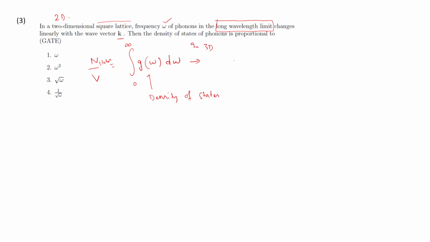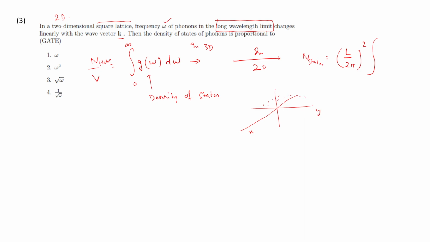Okay, in 2D, what will happen is the number of states will be given by L over 2 pi, and since it is 2 dimensional, we have to take the whole square here. We are counting the number of states, so basically the states are distributed like this. If it is x, it is y, the states are in this plane.